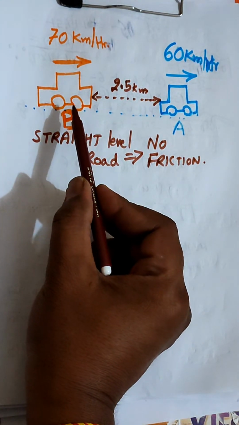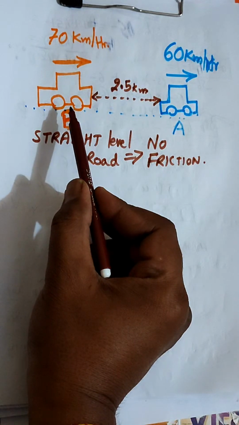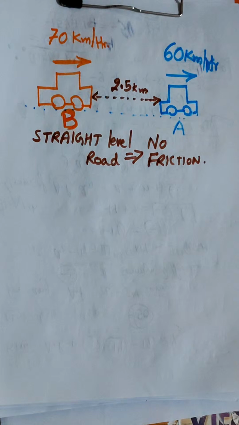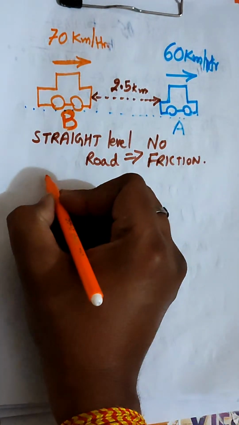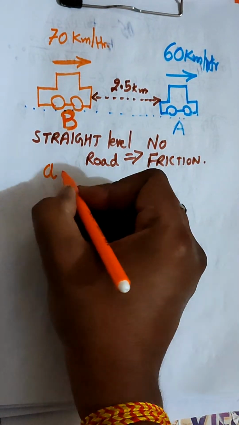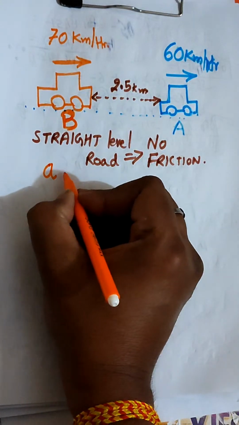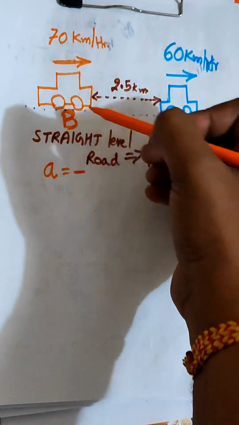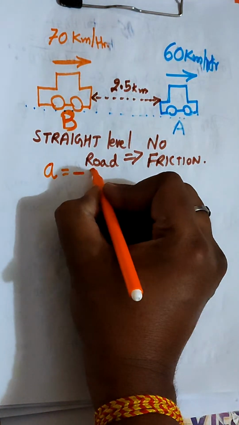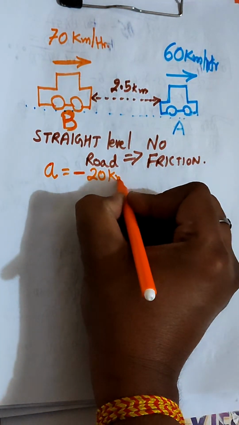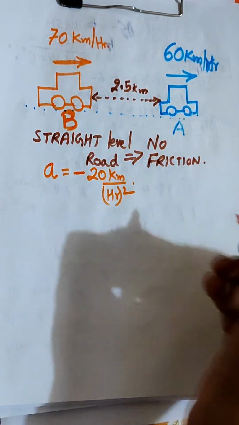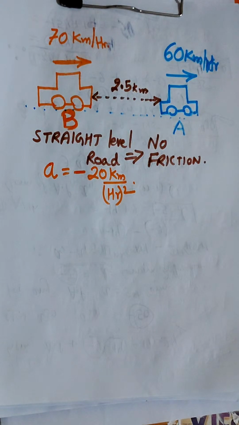The value of acceleration will be negative. Deceleration for car B will be 20 km per hour square.